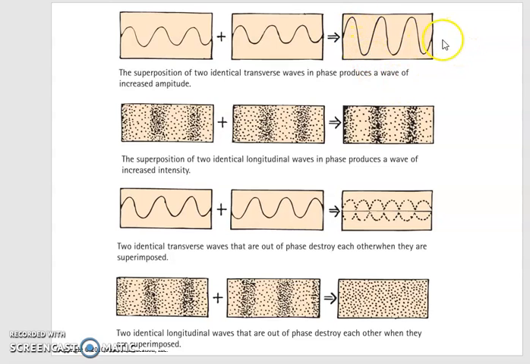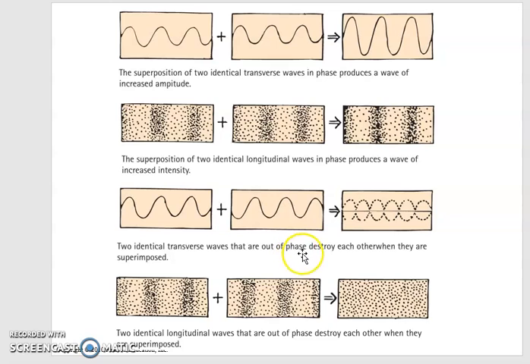This is for the transverse wave, but the same principle can be applied to the longitudinal wave. If you have two longitudinal waves in phase, the net wave produced has a stronger amplitude.